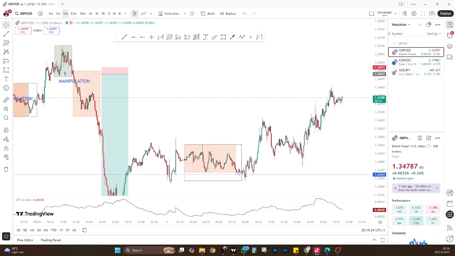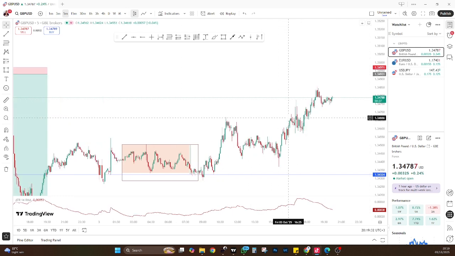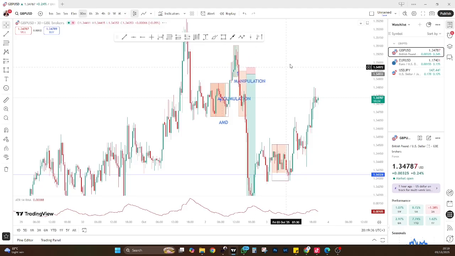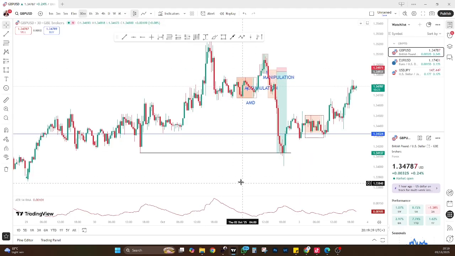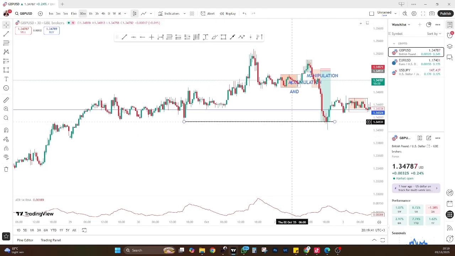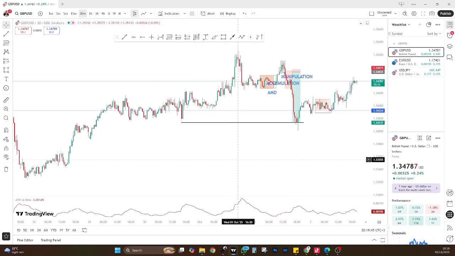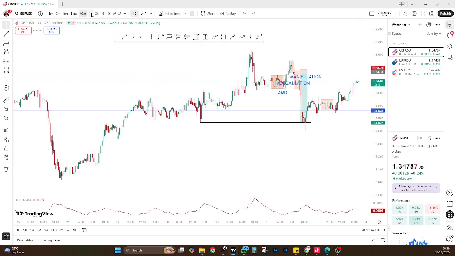So someone is asking from TikTok, help me understand market structure. For you to understand market structure, it is very easy. When you go to your chart, for example, if you look at this, let's do 4 hour.